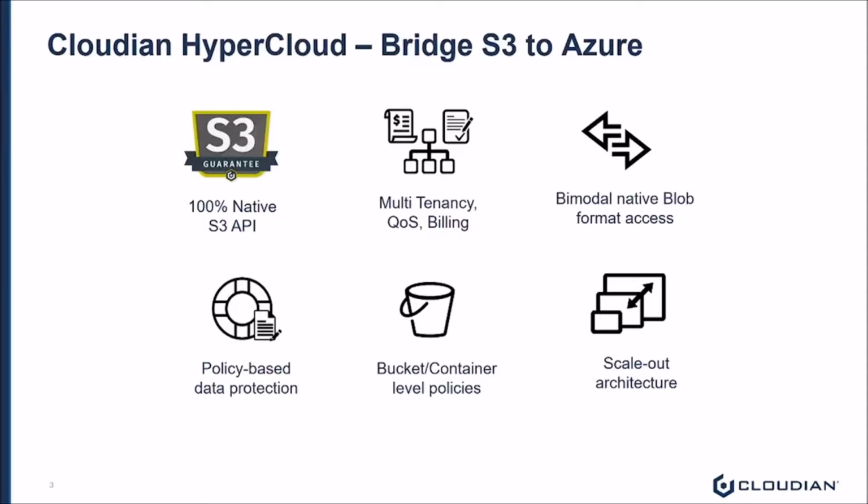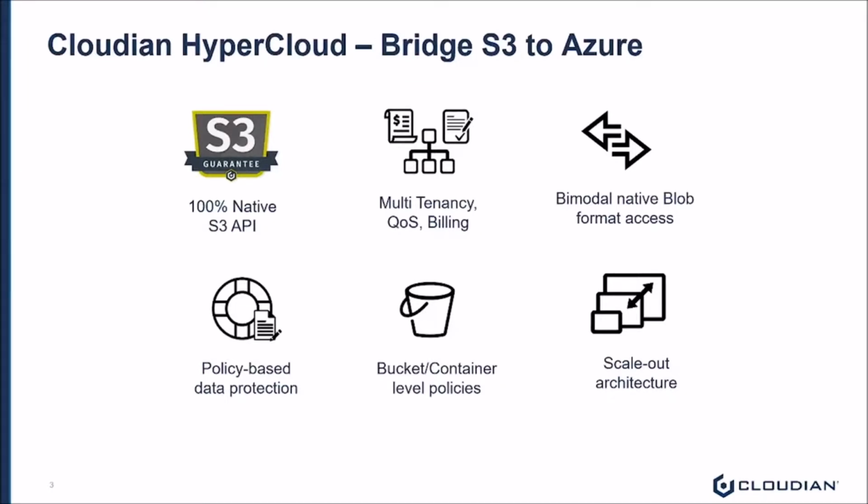It has multi-tenancy built in with quality of service and granular billing at a user level for the things a service provider would want to monitor, such as transactions, capacity, and throughput.